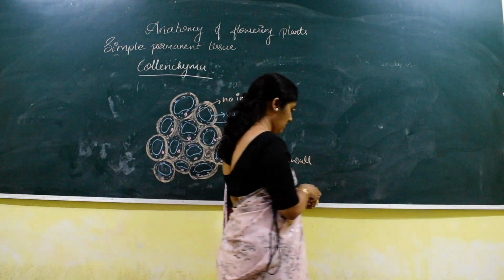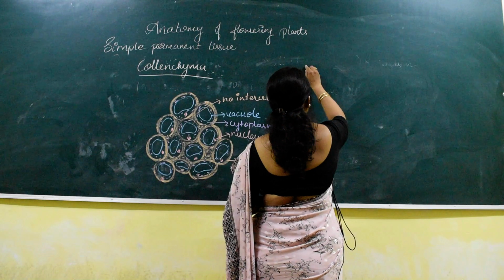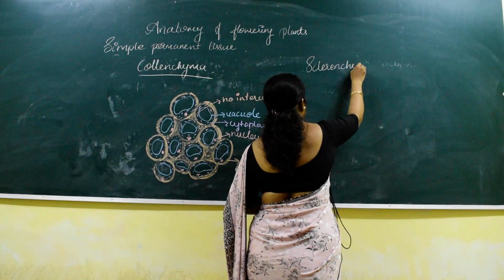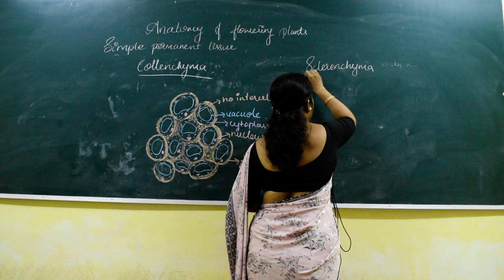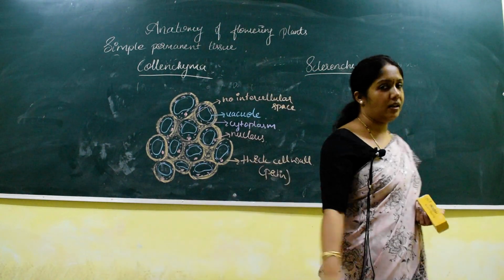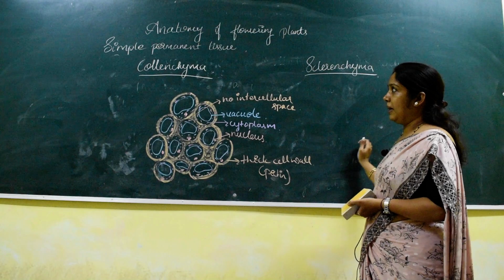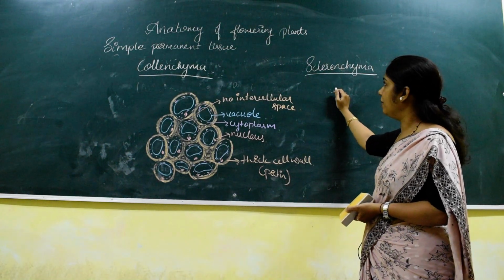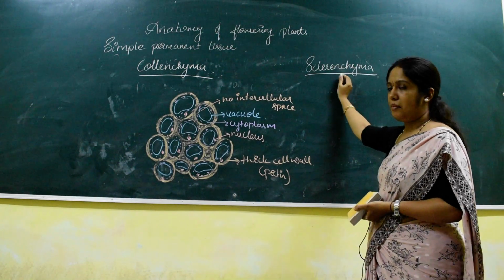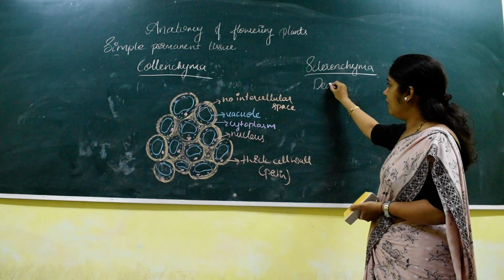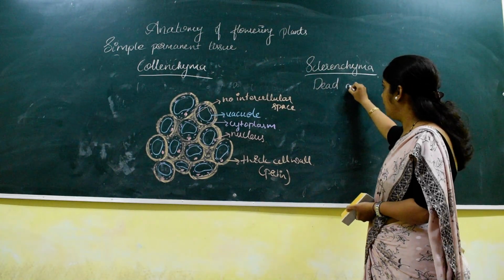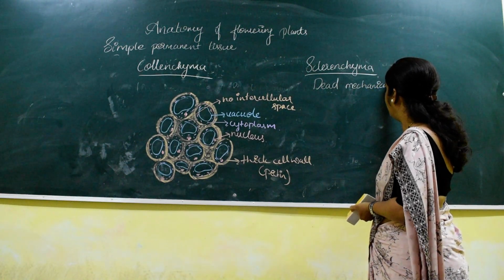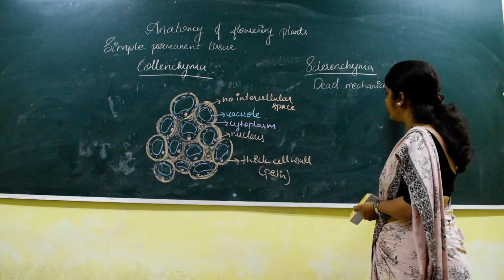So next, the Sclerenchyma is another type of mechanical tissue. It comes under simple permanent tissue. The Sclerenchyma is called dead mechanical simple permanent tissue, SPT.